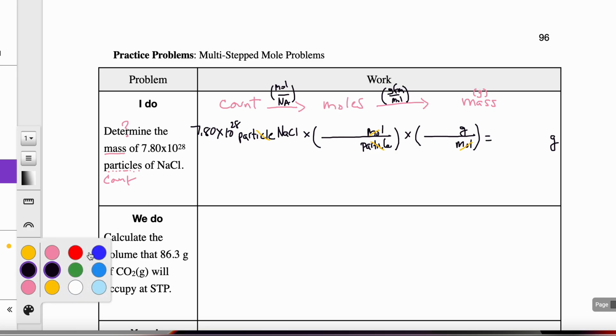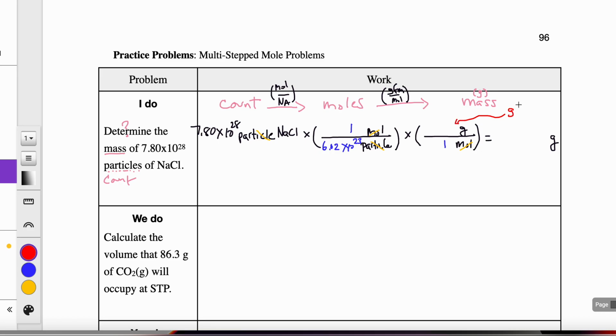Now that my units work out, I need to carefully put in the information so I can use the calculator. Here, when it's mole and particle, 1 mole contains 6.02 times 10 to the 23 particles. In the next equivalence, because it's gram and mole, mole to gram, I need GFM. 1 mole, and what I put here, write yourself a little note, is the number of grams that I stick in here.